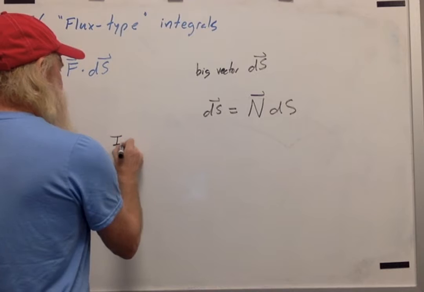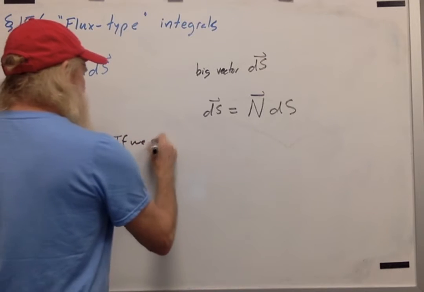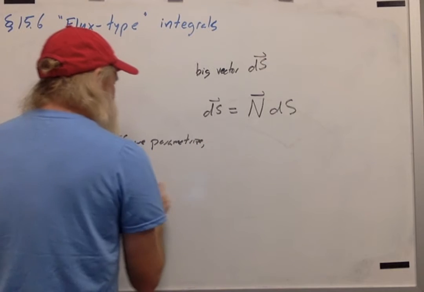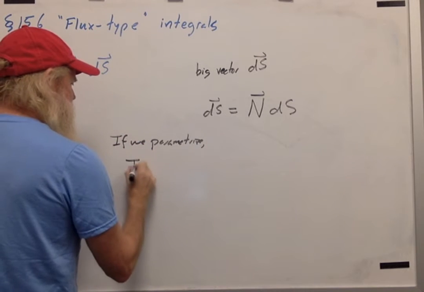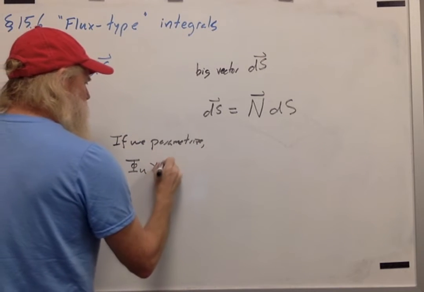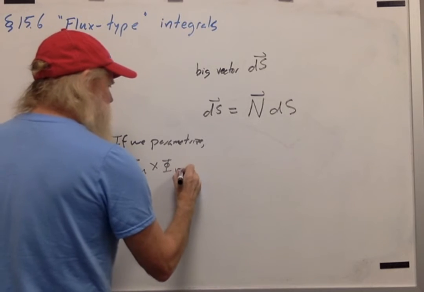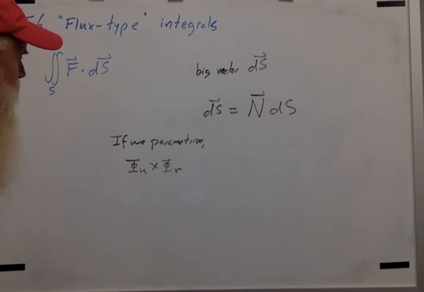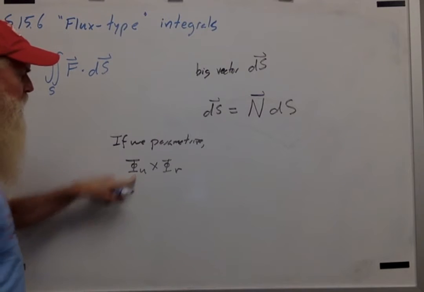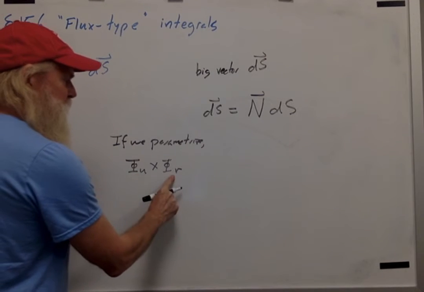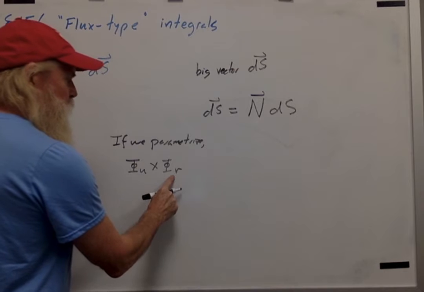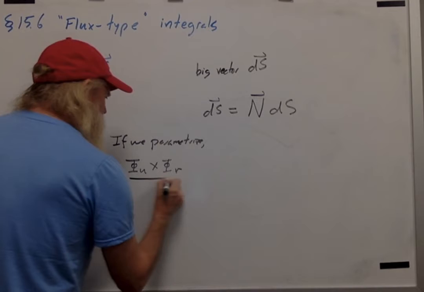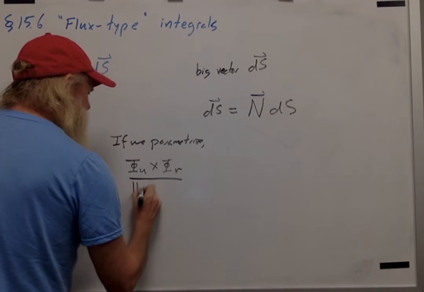If we parameterize, remember that dφ/du crossed with dφ/dv is a normal vector to the surface. Now, it might not be a unit normal, but it is going to be a normal. Since dφ/du and dφ/dv are tangent vectors, their cross product is going to be a normal vector. I can make this into a unit normal vector, though, if I divide it by its length.